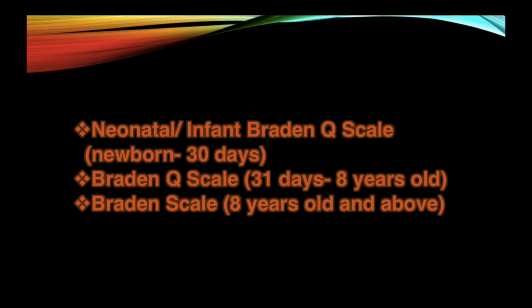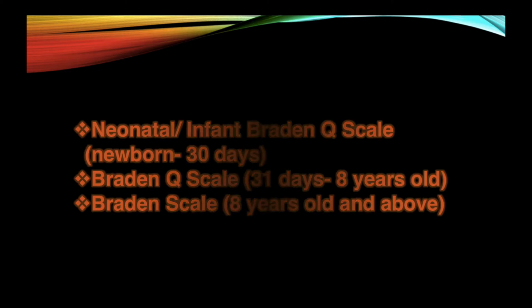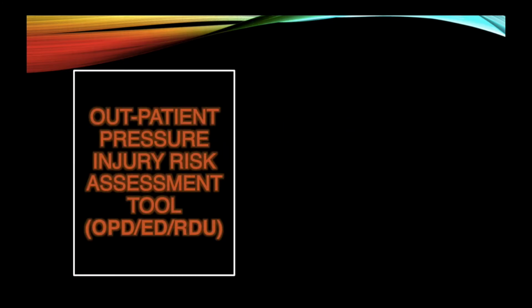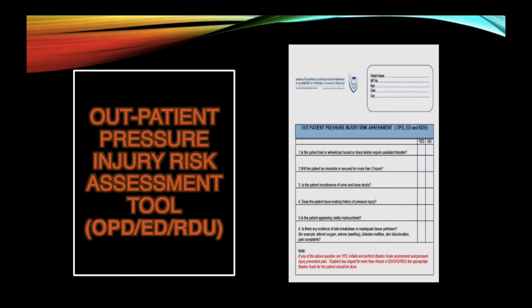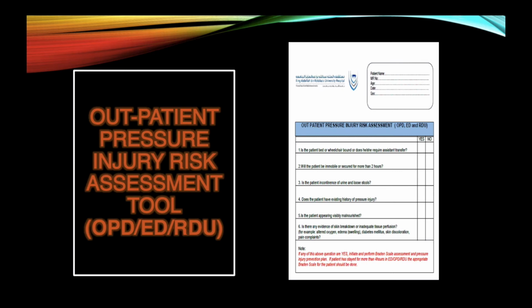But how about the outpatients? Introducing to you the new Outpatient Pressure Injury Risk Assessment tool to be used by the outpatient department, emergency department, and renal dialysis unit. It is a checklist where you need to ask your patients to determine if there are any causative factors that may put them at risk to develop pressure injury.